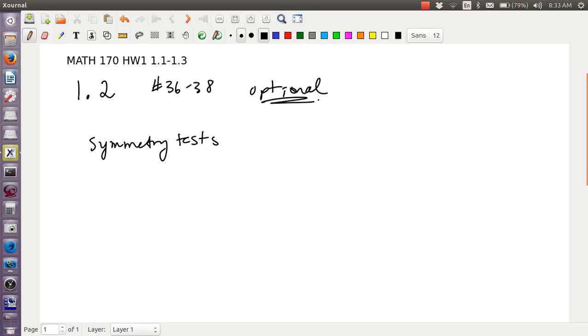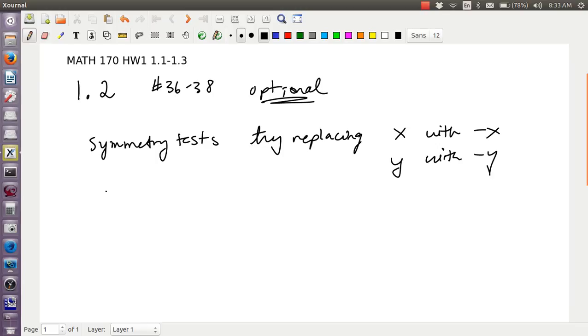okay, the symmetry test is you try replacing x with minus x, or try replacing y with minus y. And then there are two options that can happen. When x becomes minus x, you can either have one of two things happen.